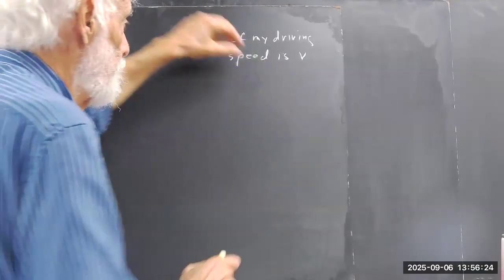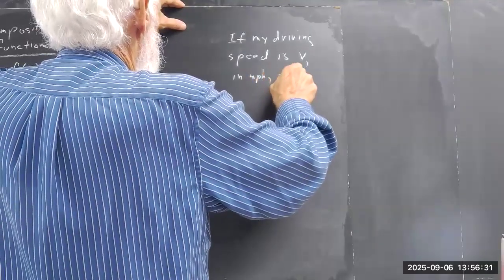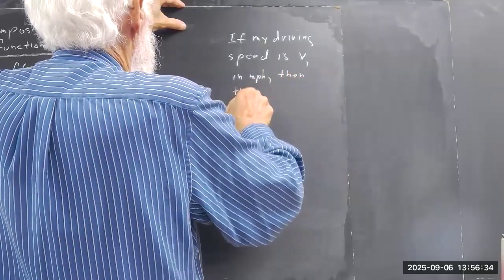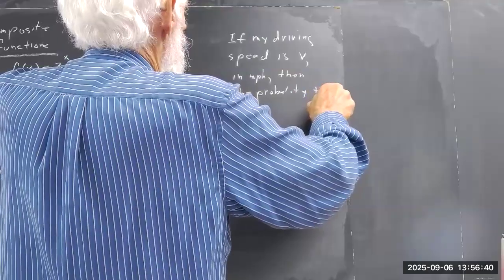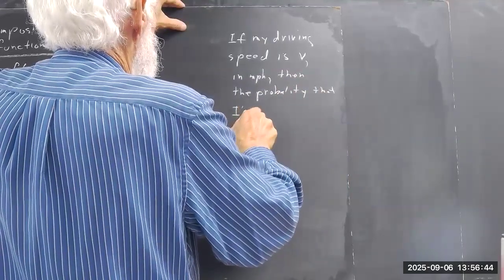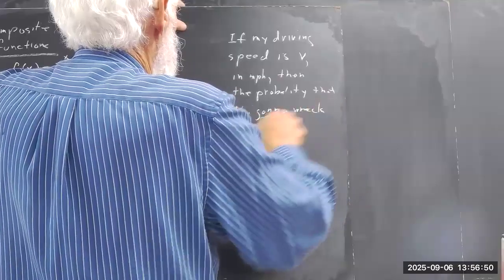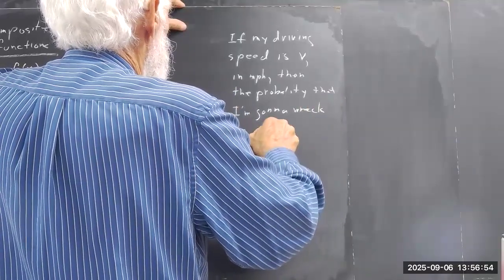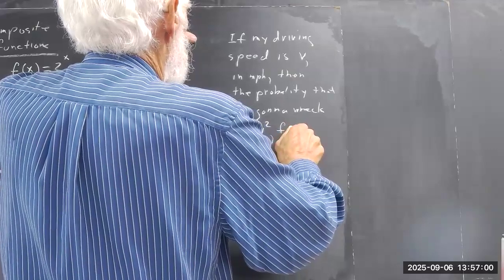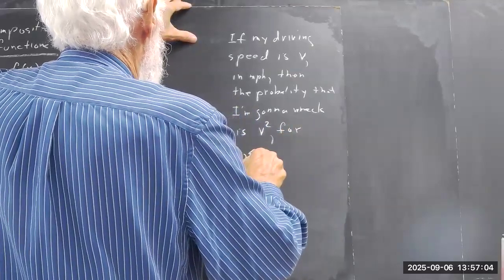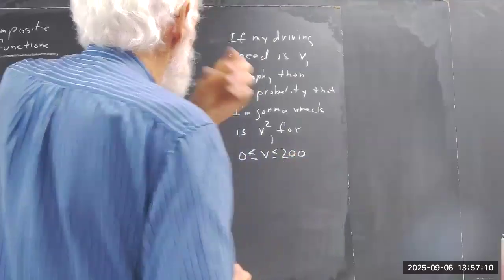If my driving speed is v in miles per hour, and the probability that I'm going to wreck is v squared, on the domain 0 less than or equal to v less than or equal to 200.